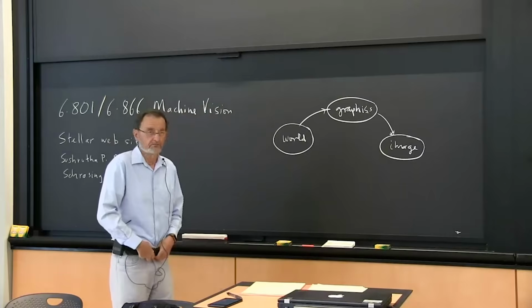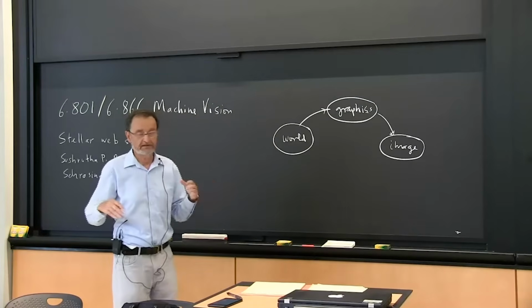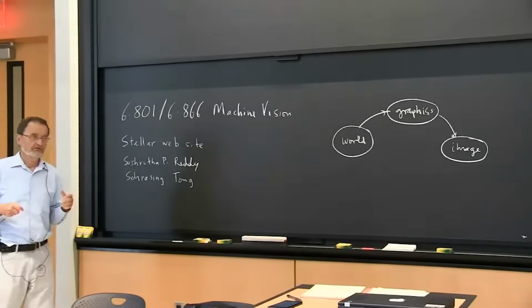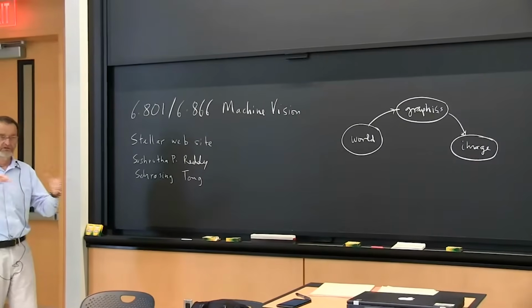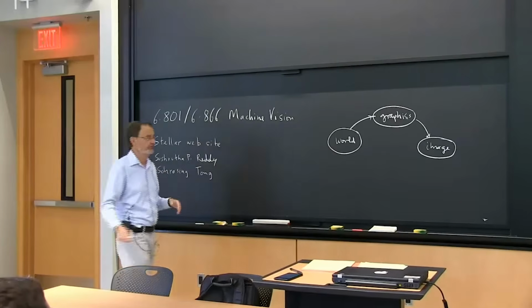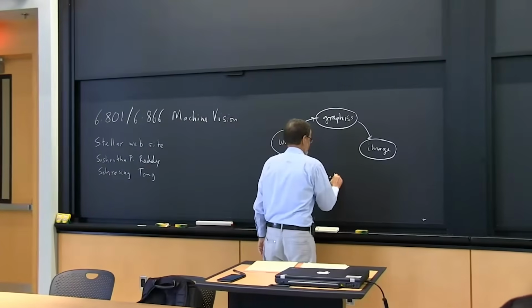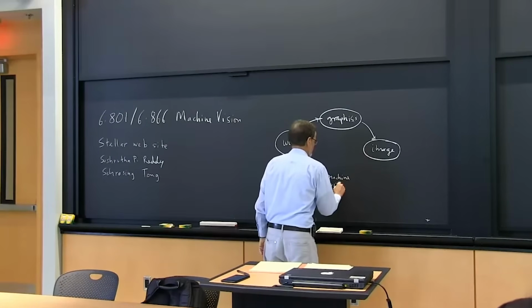That's the forward problem, right? It's well defined. And the interesting part is, how do you do it well? How do you do it fast? How do you do it when the scene has only changed slightly and you don't want to have to recompute everything and so on? But what we're trying to do is kind of invert that process.